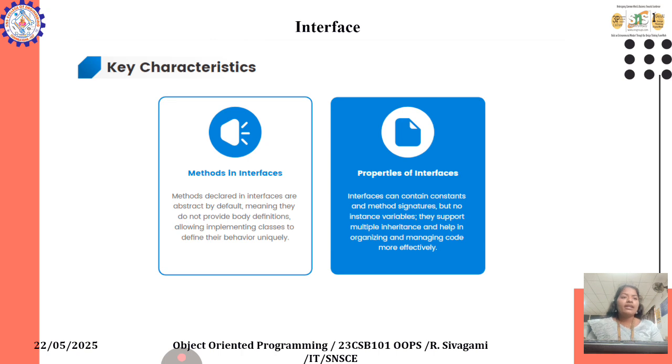It is inherited by the subclass, and in the subclass we give an explanation, the implementation, for that method. So the methods declared in an interface are abstract by default.